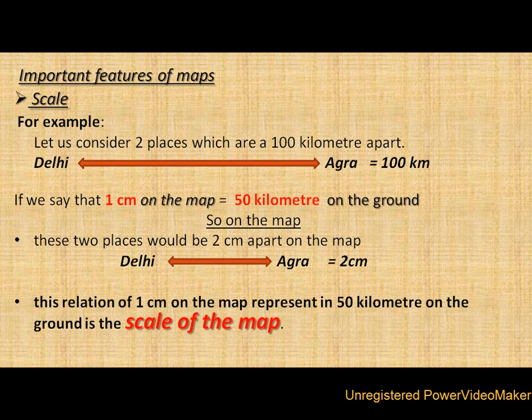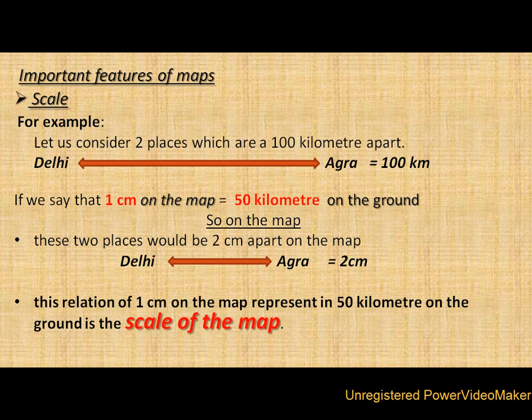Here we'll take another example. Suppose, let us consider two places which are 100 km apart, Delhi and Agra. You want to show these two places in a map.